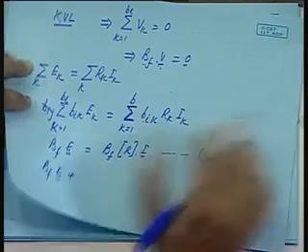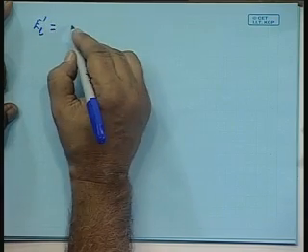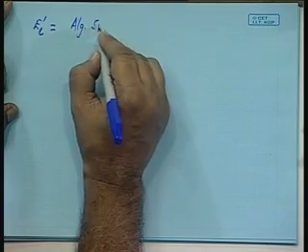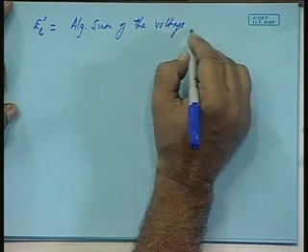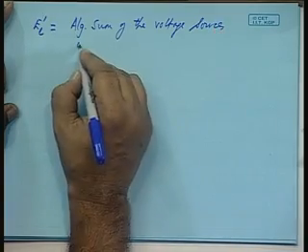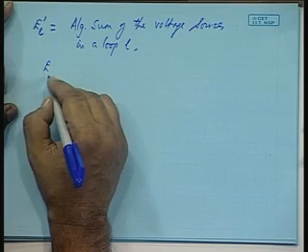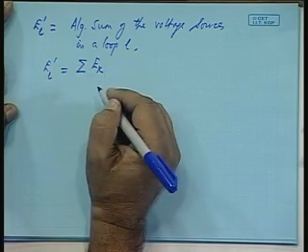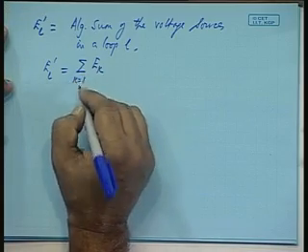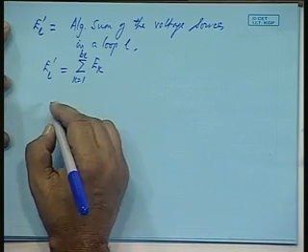Now, if you consider E_L dashed as an algebraic sum of the voltage sources in a particular loop, in a loop L, then E_L dashed is nothing but summation Ek, k varying from 1 to BL. BL will be the number of elements in that loop.